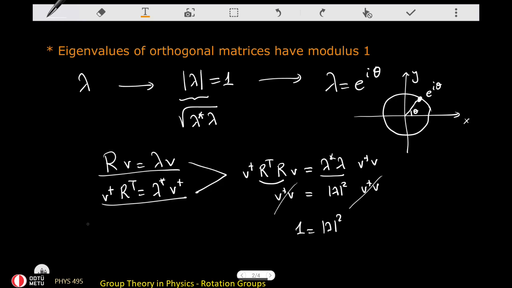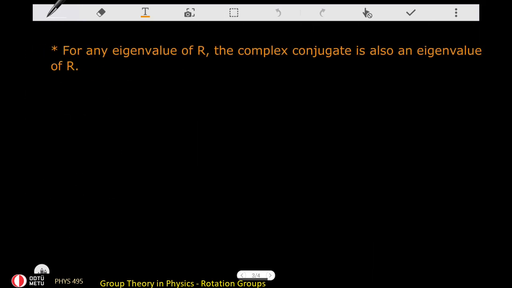There's another property, that the eigenvectors corresponding to different eigenvalues are orthogonal to each other. But at this point, we don't need this. We are going to say a similar thing by using a different geometrical argument.